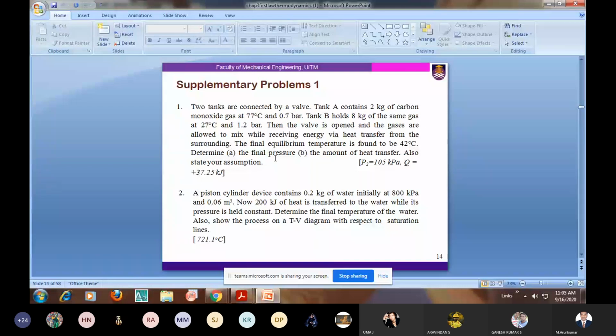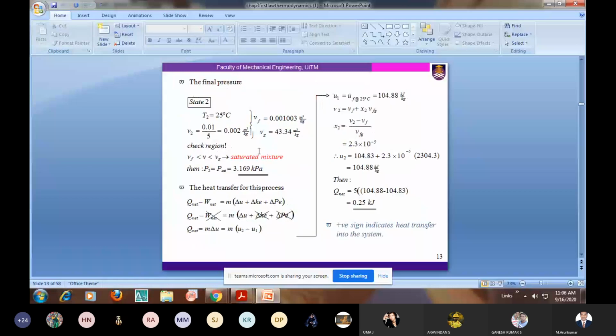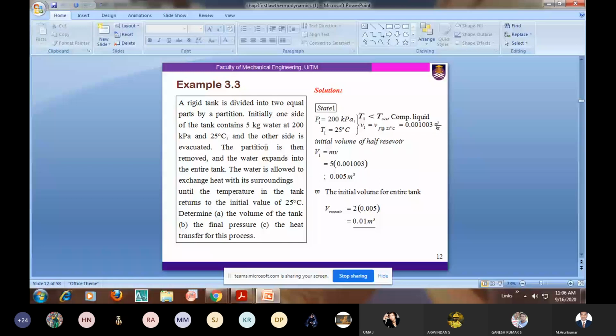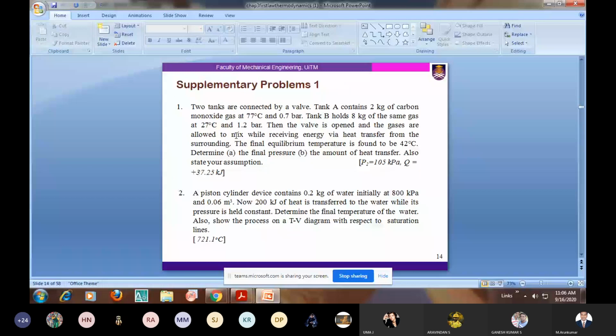In your assignment there was exercise 4, and in that exercise 4, these problems will be there. Just try to solve the problem. This problem 1 will be the same as the problem we discussed in this class, example 3.3, but here we used water, whereas in the supplementary problem, first problem, we use carbon monoxide.